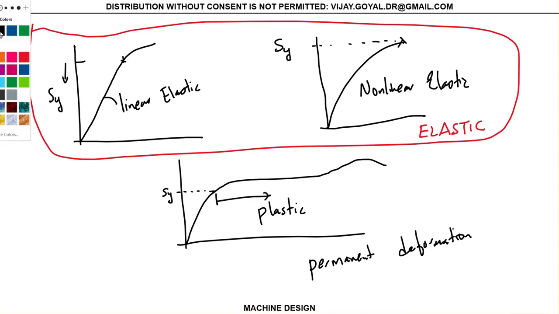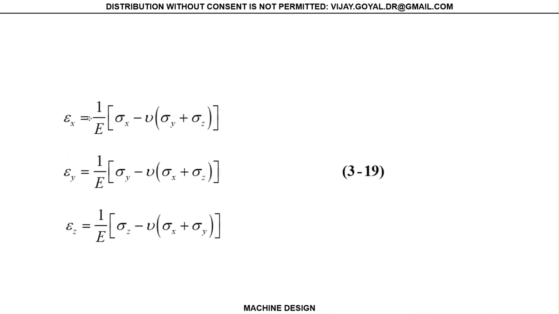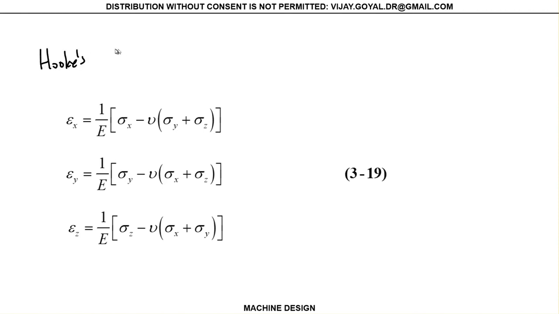Now, given the stresses, how do I find my strains? That's the next question. That is very easy, and you can do that by using equation 3.19 of your textbook. You can pause right now and write these equations, but I'm sure that these equations will be familiar to you. This is nothing else than Hooke's law.